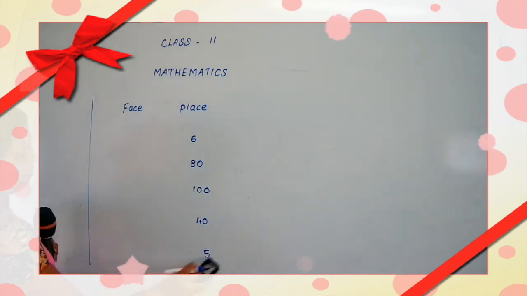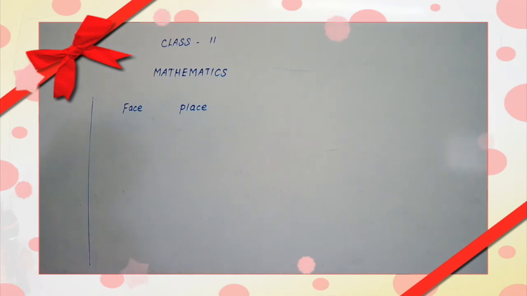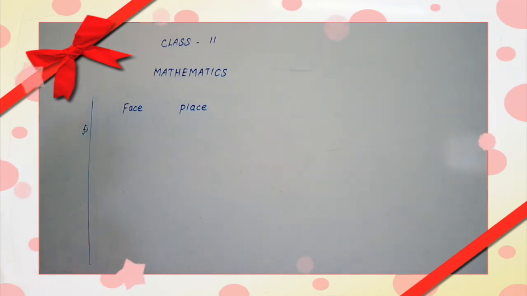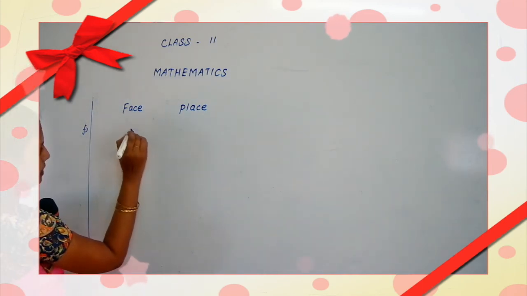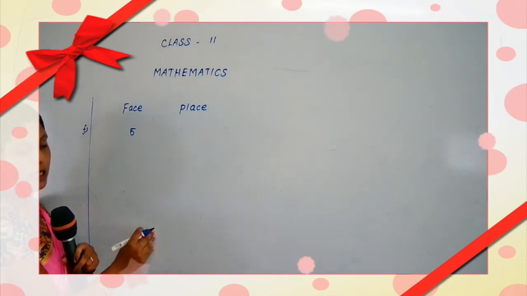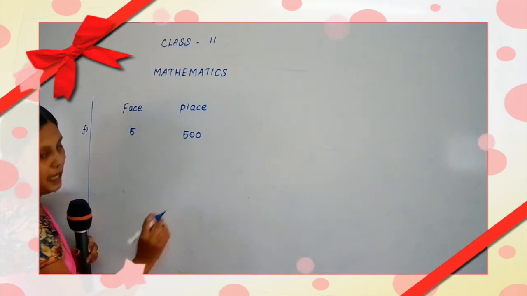Then see the F. Which number is underlined for F? 5. Yes. 5 is in which place? Hundreds place. So we add 2 zeros for the place value.